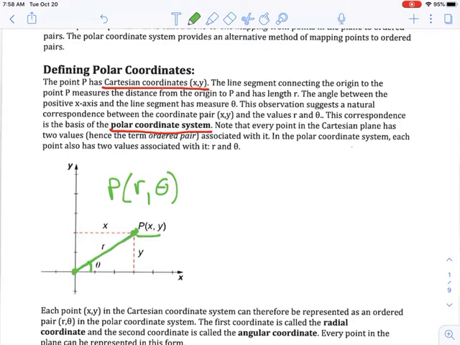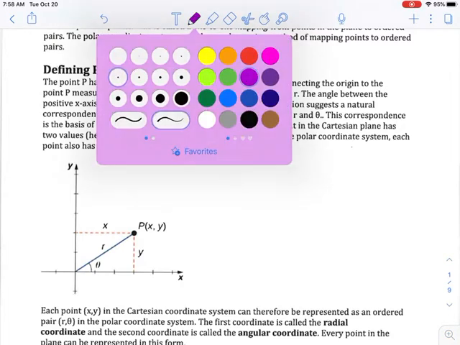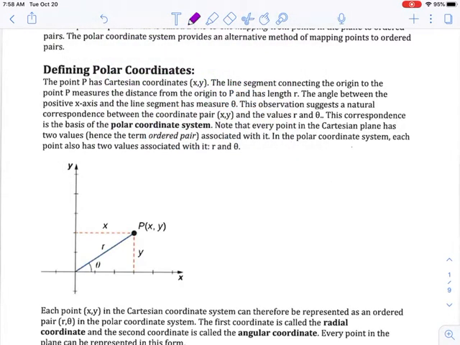So the first thing that we want to do here is to create a relationship between the two coordinate systems. If we take a look at the point P, the point P has an x and a y coordinate. And what we want to do is see how we can relate the polar coordinates r and theta to x and y. Well, first of all, we'll notice that we have here a nice little right triangle.